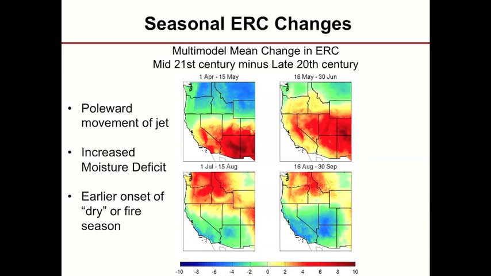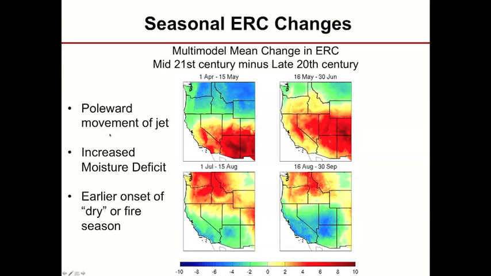And then finally here, as we move into summer, a lot of the models are suggesting a significant decrease in precipitation across the northwestern tier of the United States, which is basically a response to the northward shift in the jet stream and a lack of storm systems moving through and dropping the occasional amount of precipitation to increase fuel moistures.